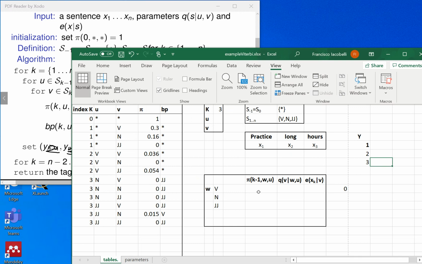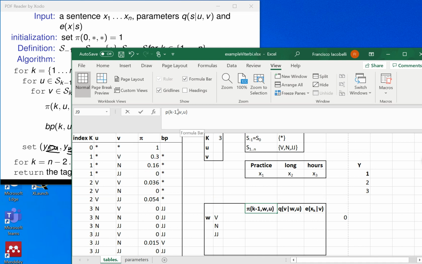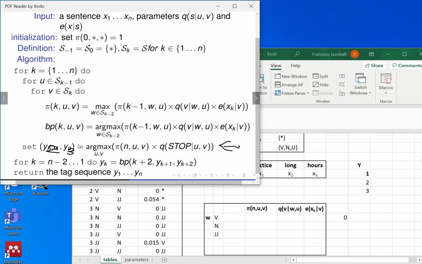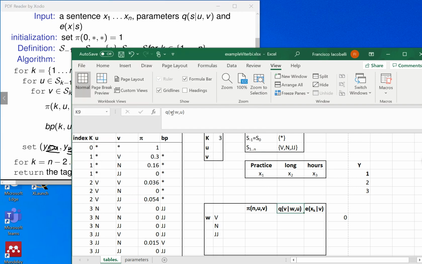This time I'm going to look at pi of n, u, v times the probability, or the likelihood, of stop with u and v.